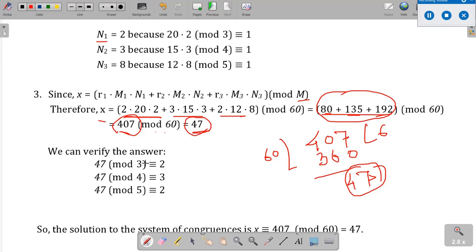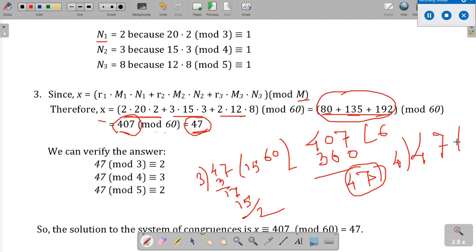अब इस 47 को यदि 3 से डिवाइड करें, तो हमारा रिमाइंडर जो क्वेश्चन में 2 दिया हुआ है वो आना चाहिए। Let us check it. 47 divided by 3, 3 into 15 is 45, so we get 2. Similarly, we divide this 47 by 4. 4 times 11 is 44, and we get 3.